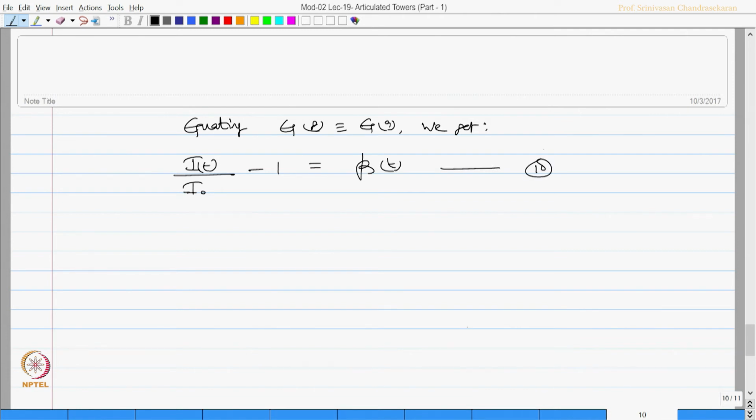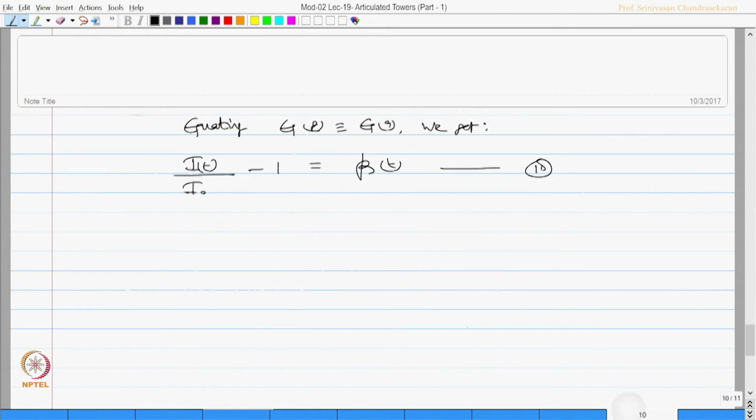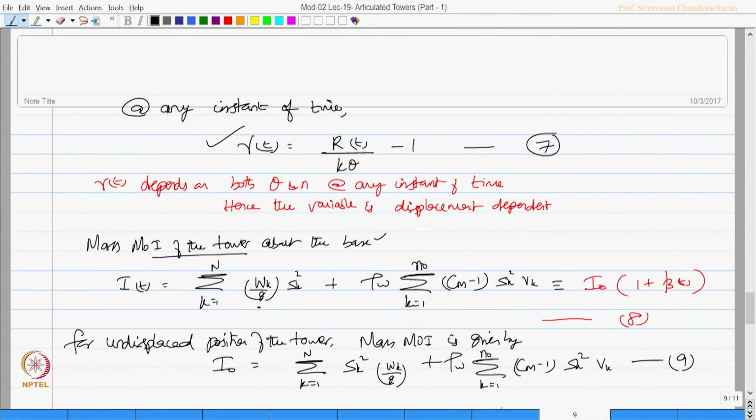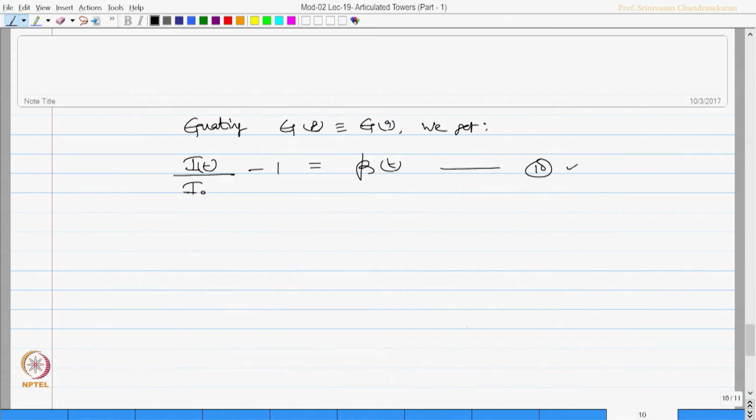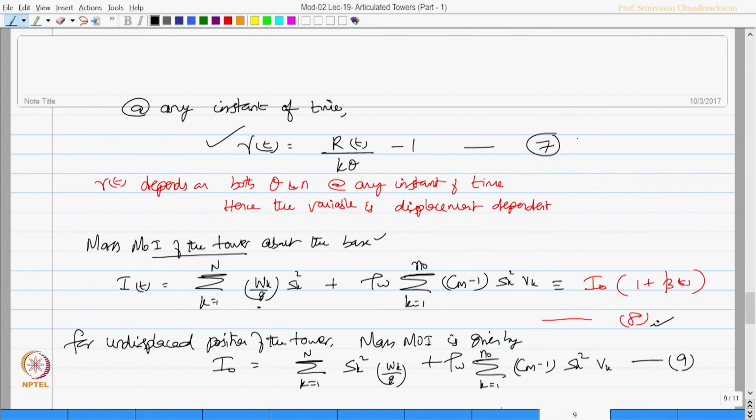So, friends, look at this equation. We wanted I_0, B_t, k and gamma_t to qualify the complete equation of motion. So, we got, let us say, k from equation 6, I_t from equation 8, beta_t from equation 9 and gamma_t from the earlier equation, equation 7.